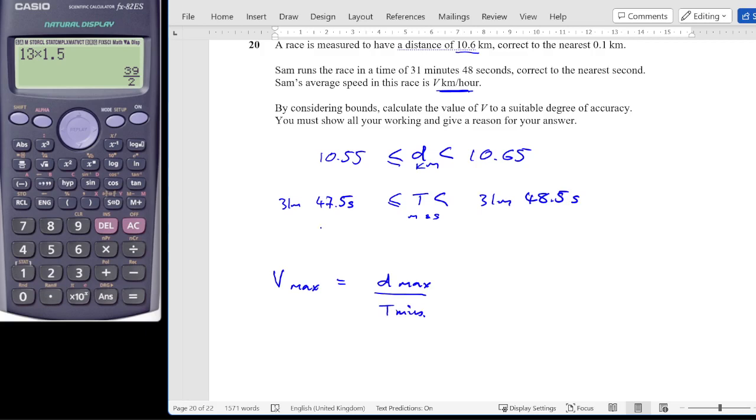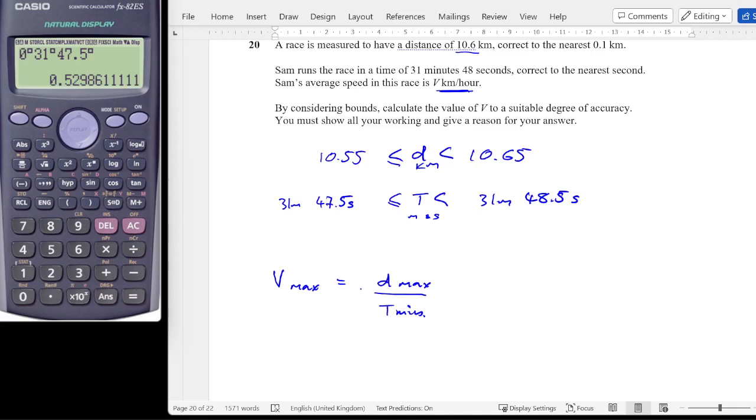Right, I'm guessing this isn't going to quite work out nicely. So I'll use the time button on my calculator. 0 hours 31 minutes and 47.5 seconds is going to give me a decimal value.